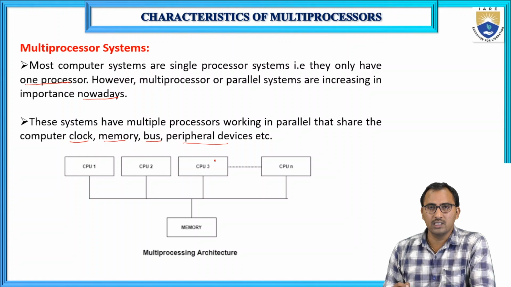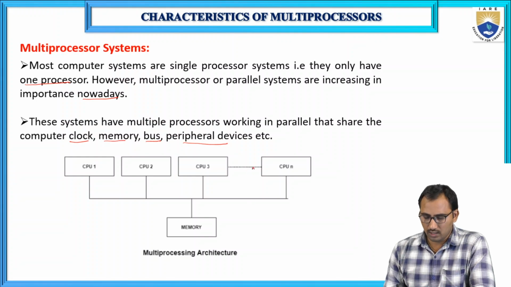All these resources are shared by the multiple processors, so that they can work independently or concurrently, their access time will be reduced, and the computer speed will be improved.